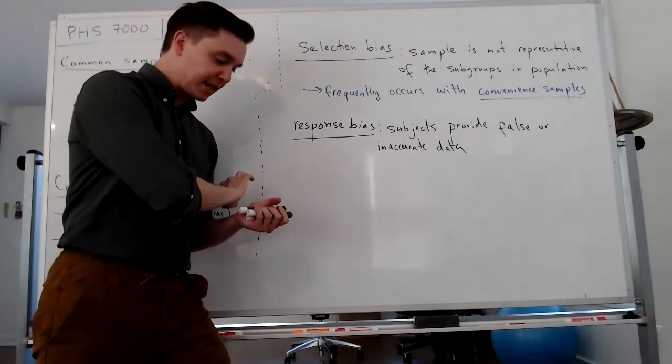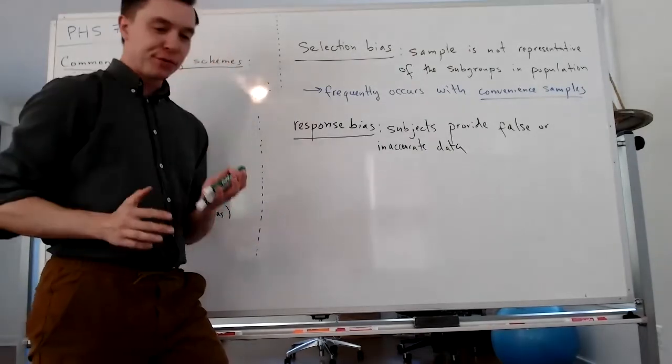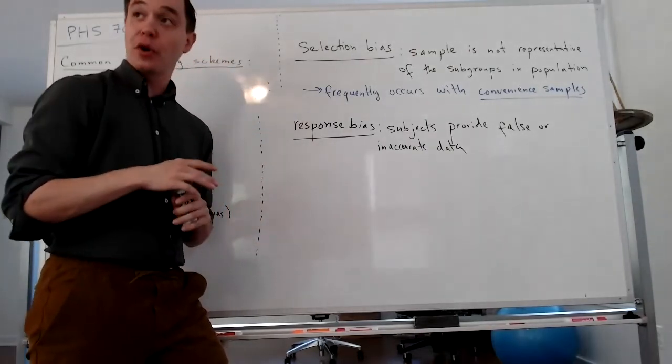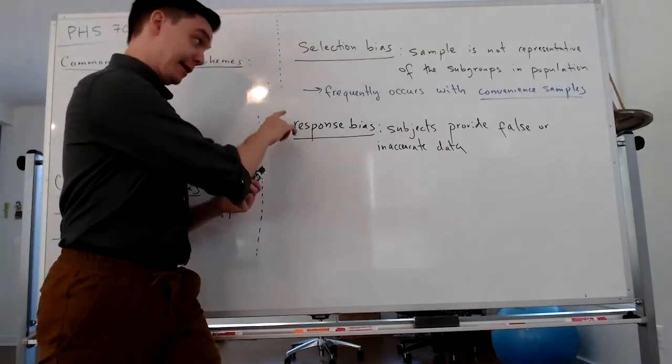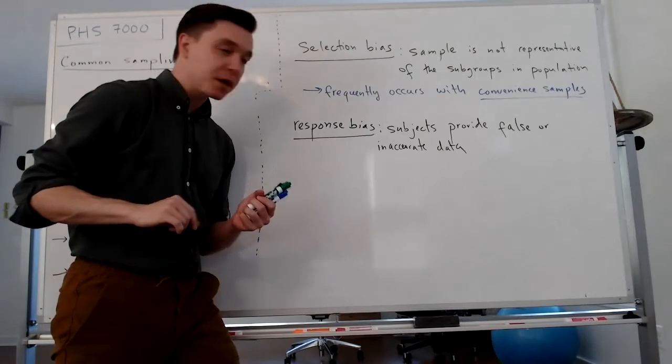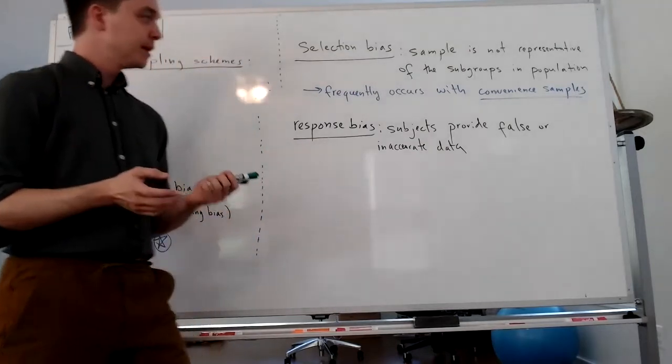You have devised a beautifully representative sample. You go to obtain your survey, or you go to take measurements. And especially if you're administering a survey, your subjects can just lie. They can just mislead you.